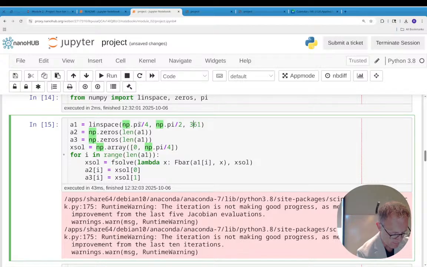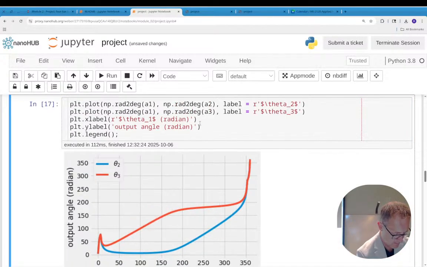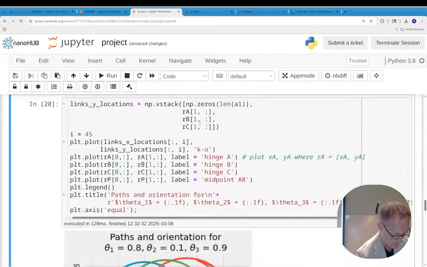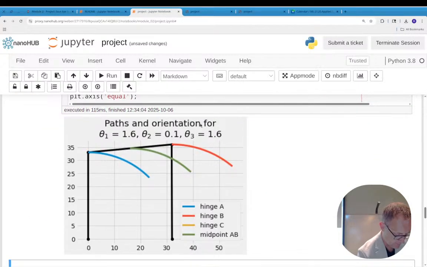So 45 to 90, and we'll go every degree. Now it's looking a little better, we see something a little closer to what we were trying to get.